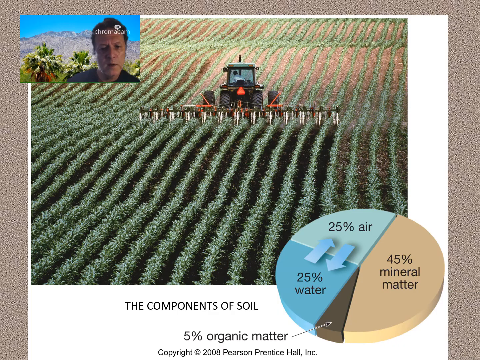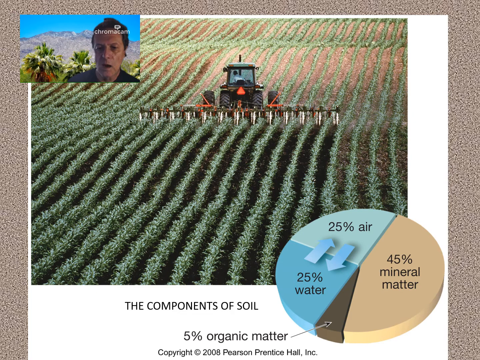So what is soil? Well, soil is this. It's made of mineral matter, it's made of air, it's made of water, and it's made of organic matter. That's a true soil. It's not just dirt. It's got all these ingredients in it.